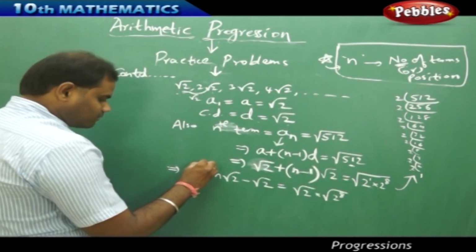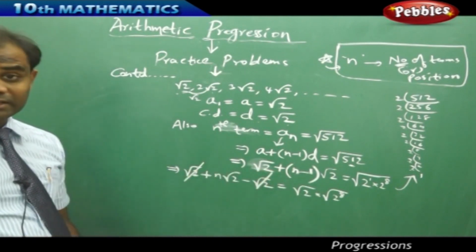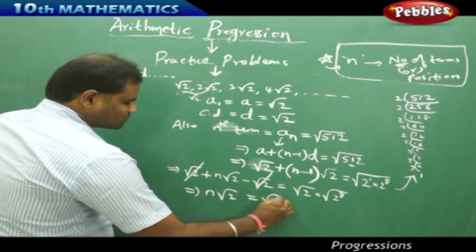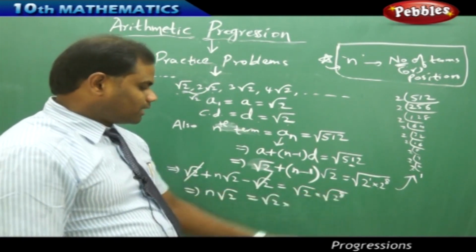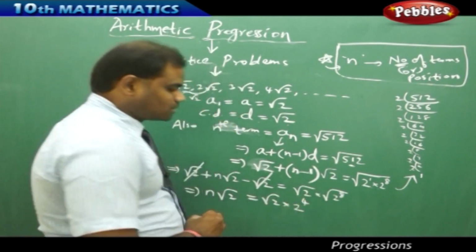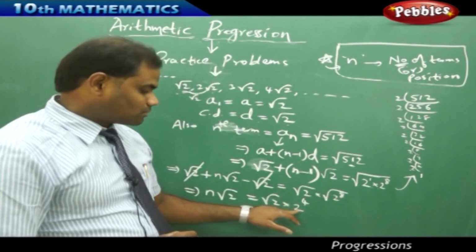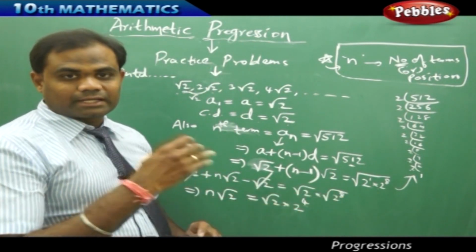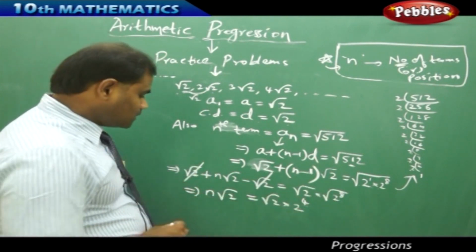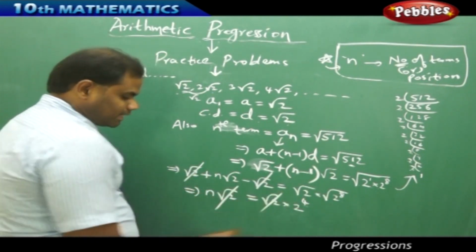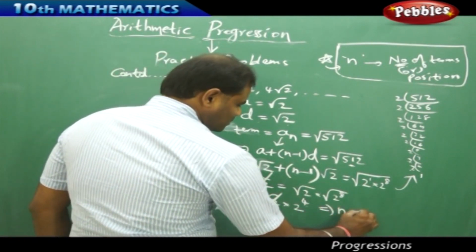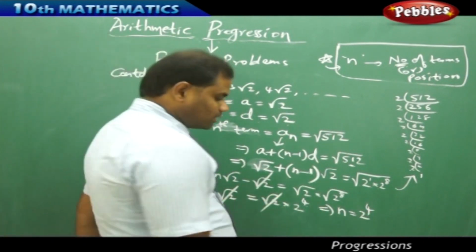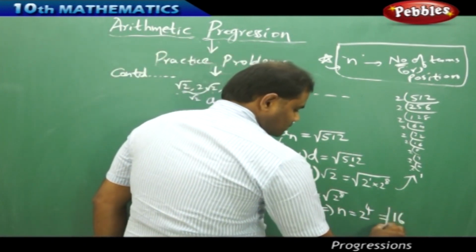On further simplification, these two terms get cancelled, and I get n root 2 is equal to root 2 times root 2 power 8, which is 2 power 4, because the exponent reduces by half when it comes out of the root. So this 2 power 8 under root is 2 power 4, exactly half of 8 is 4. And this root 2 and root 2 get cancelled, so that I get n equals 2 power 4, because on both sides root 2 gets cancelled. And 2 power 4 is nothing but 16.